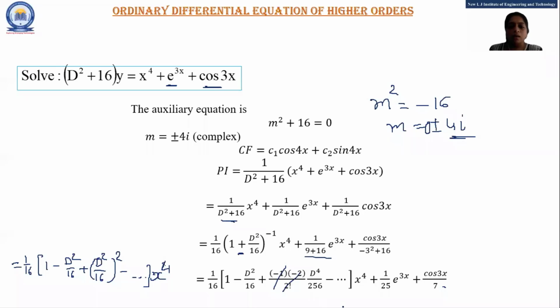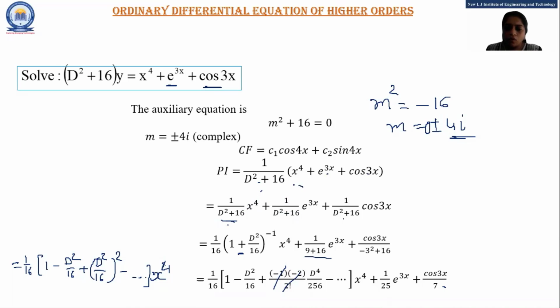See Devanshi, I'm just writing all these terms separately. So x raised to 4 upon d square plus 16 plus e raised to 3x upon d square plus 16 and cos 3x upon d square plus 16. Right? Now I am applying all 3 cases separately.